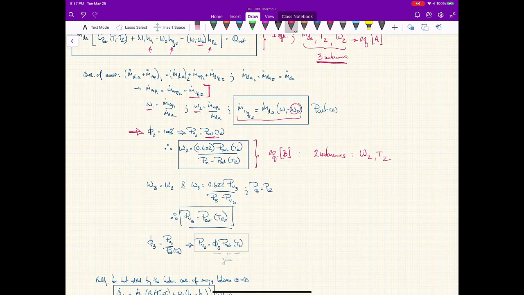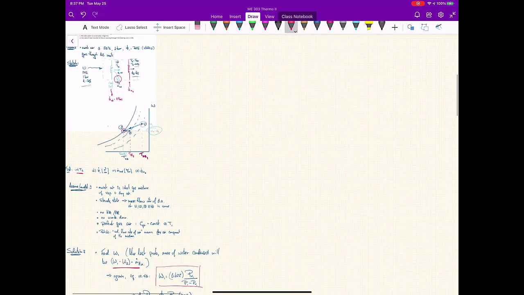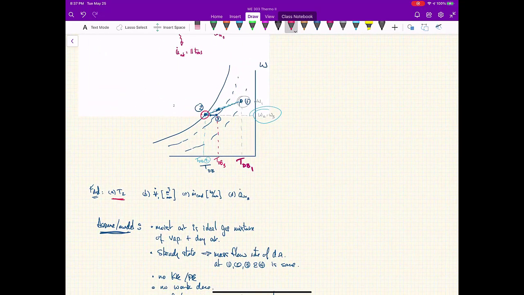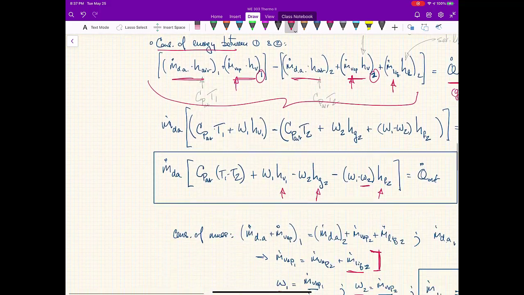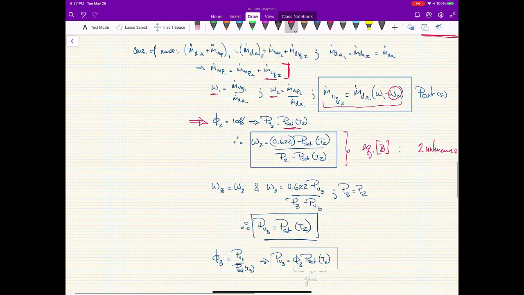And what's key here is to observe that on the psychrometric representation of these processes, and this is why making these sketches is so important, because it gives you a graphical interpretation of what's going on here, that between 2 and 3, the humidity ratio remains constant. So the mass of water vapor to the mass of dry air remains constant, which means that omega 2 is equal to omega 3.